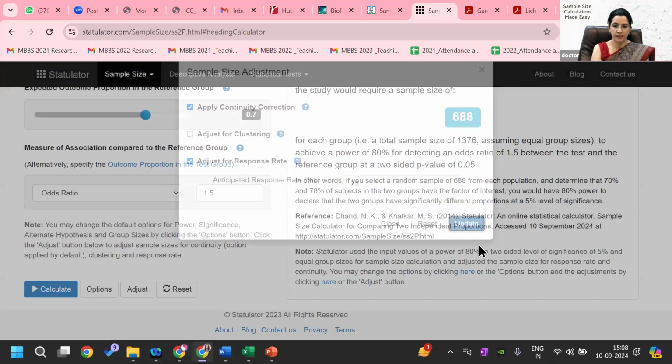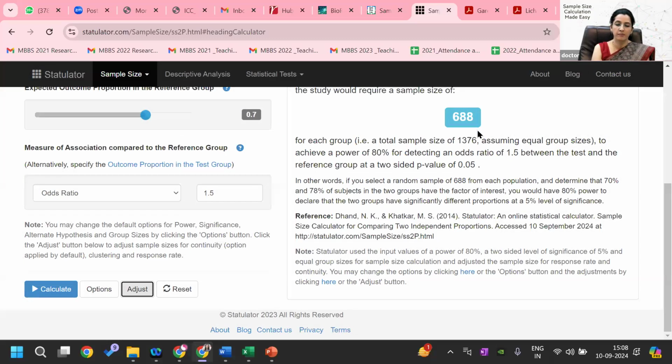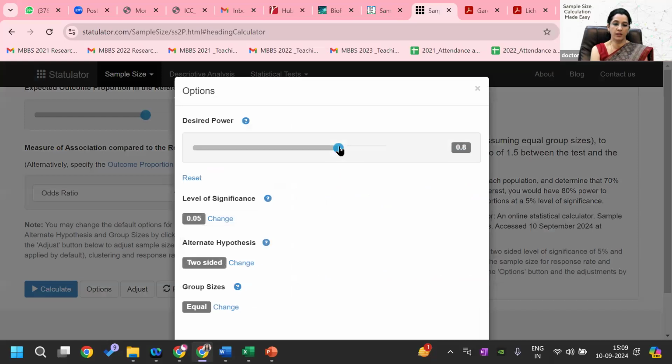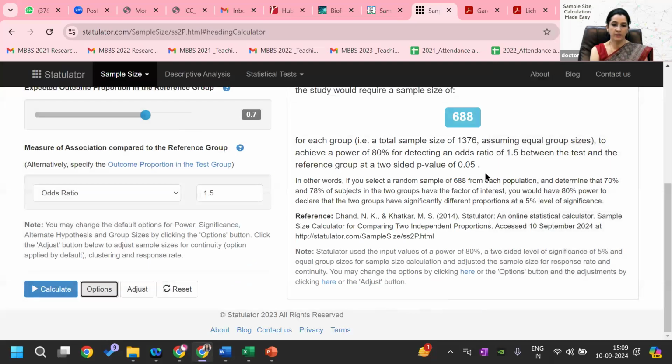And then again press update. But you will see that if you press this adjust, then again this option, this power of 80% will come here. So this is a bug in the Statulator. So again you have to increase it to 90. So you'll have to do this twice. And then you can see it is calculate.